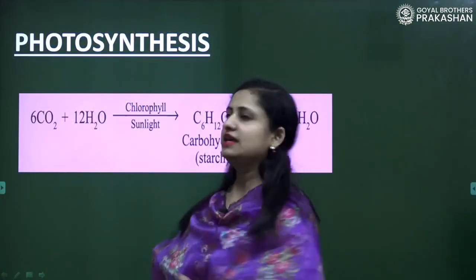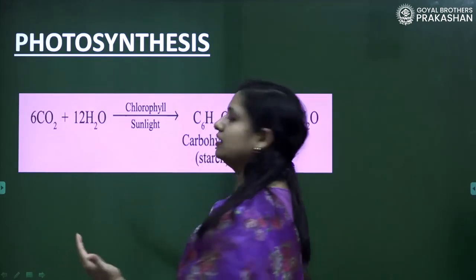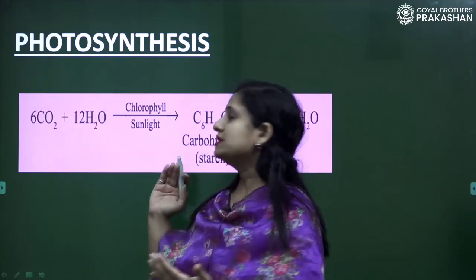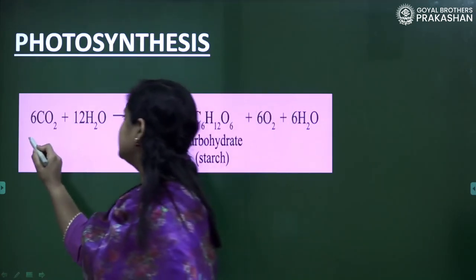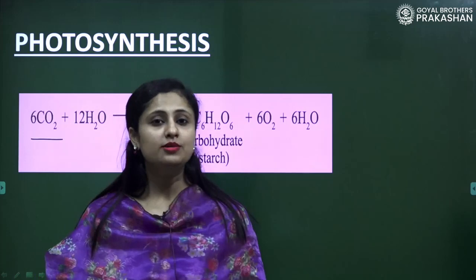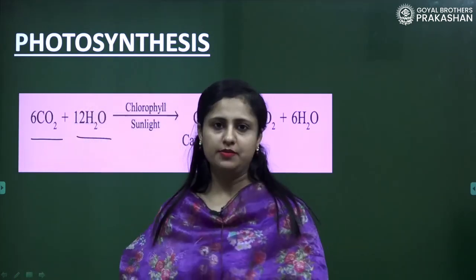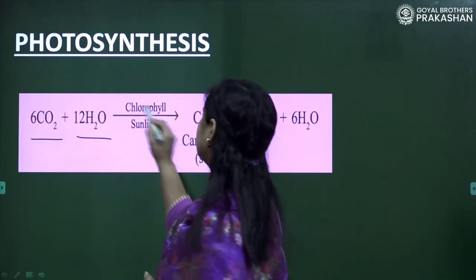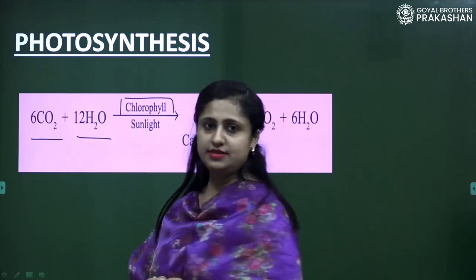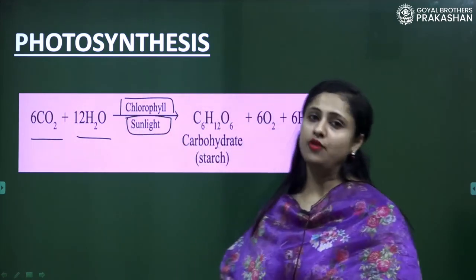Now let's see the photosynthetic chemical equation. This chemical equation represents the process of photosynthesis. So this is 6 molecules of carbon dioxide and 12 molecules of water. When they combine in the presence of chlorophyll pigment and sunlight, some products are formed.